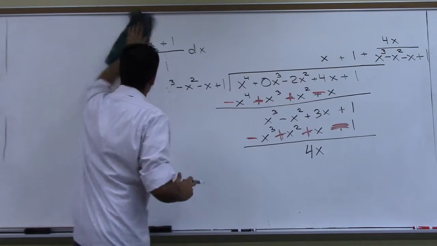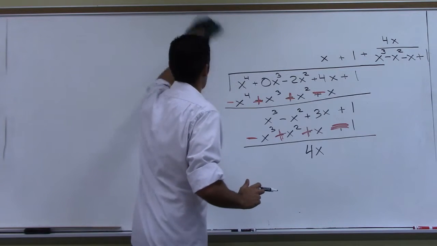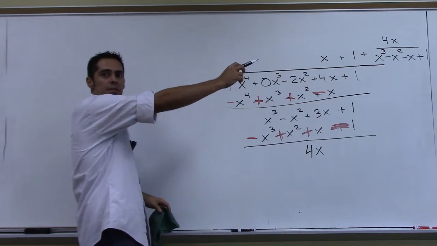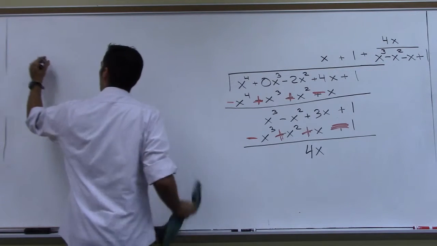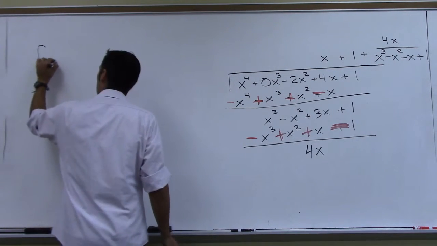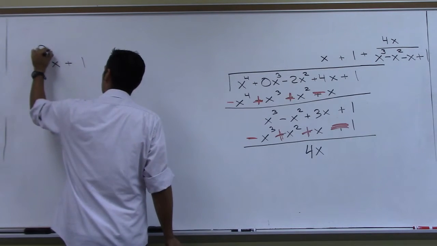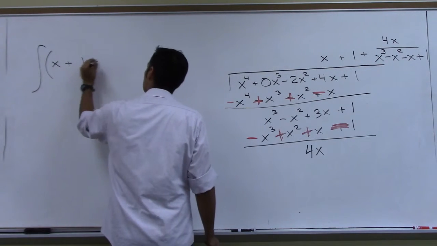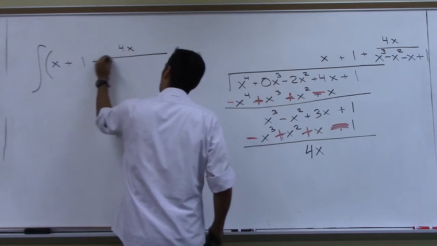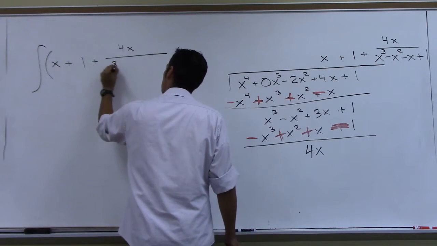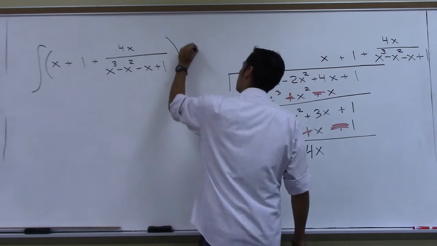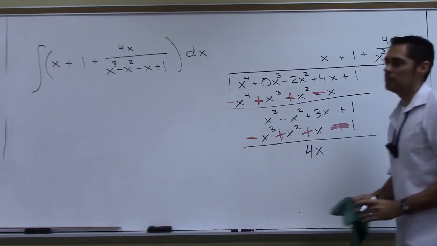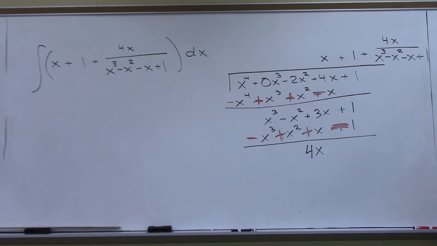The original integral can be rewritten with that as the integrand instead, which is what I'm about to do. Integral of x plus 1, boy, I like that, and then plus 4x over x cubed minus x squared minus x plus 1. I don't like that, though. That's the original problem rewritten.